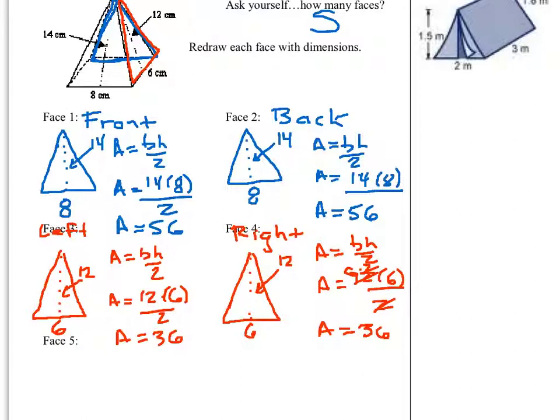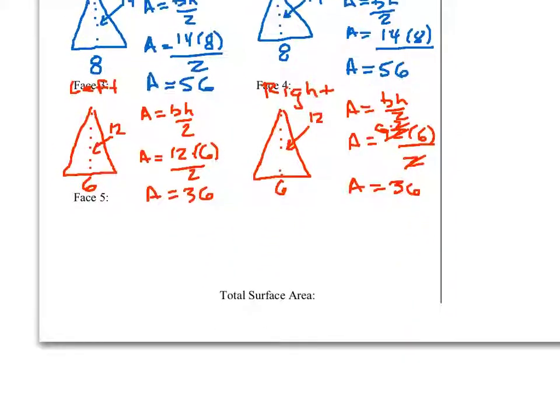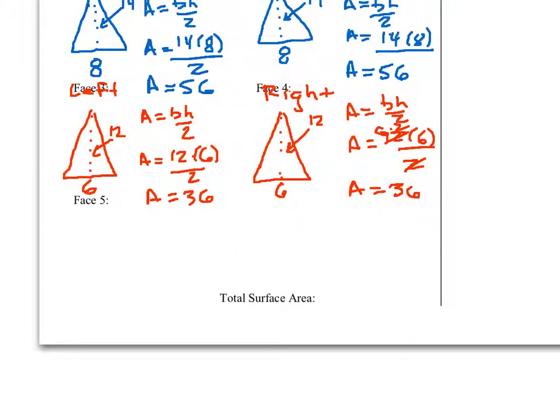Okay, now we've got one face left according to our calculations. We said there were 5 faces. What face do we have left to find the area of? Adriel, the bottom. So this is our bottom down here. And what is the shape of that bottom? The square? It's not a square. Rectangle. It's a rectangle.